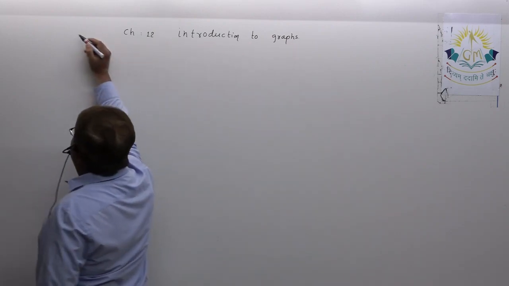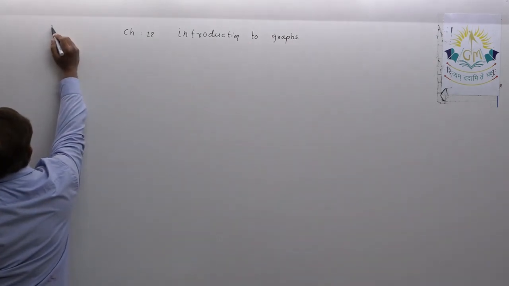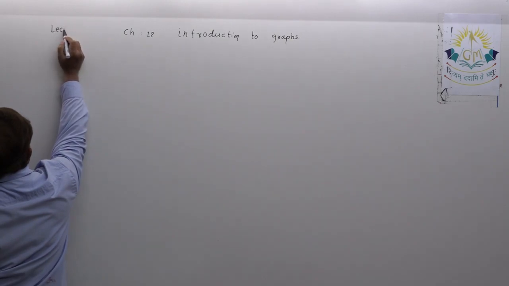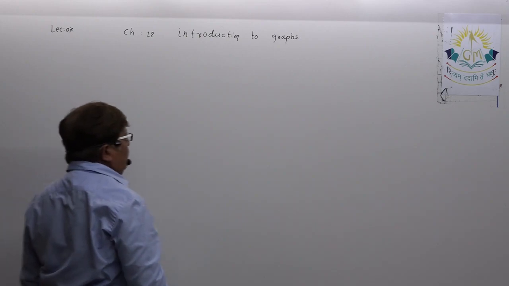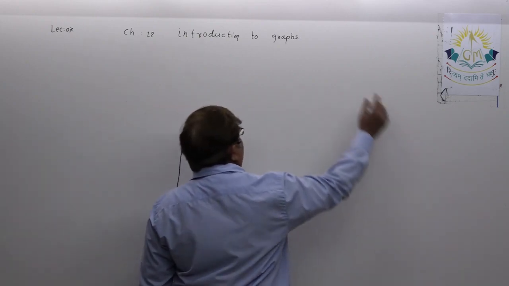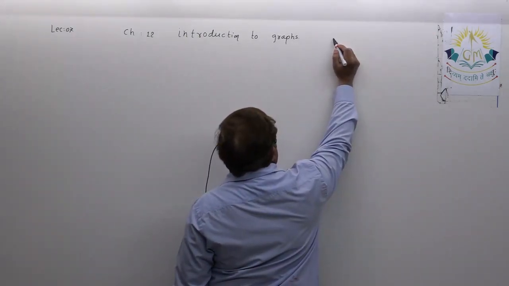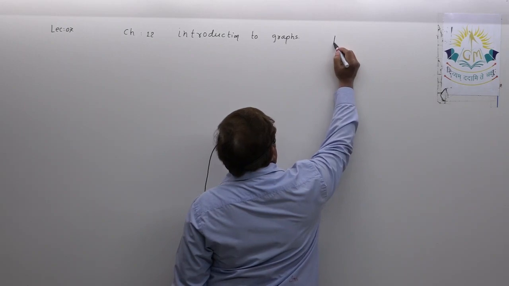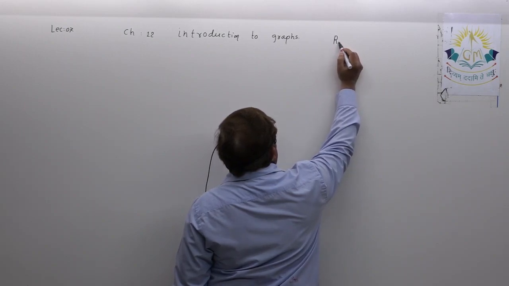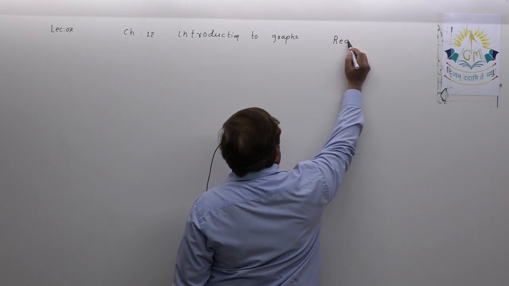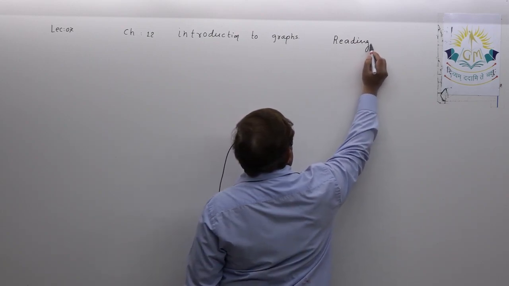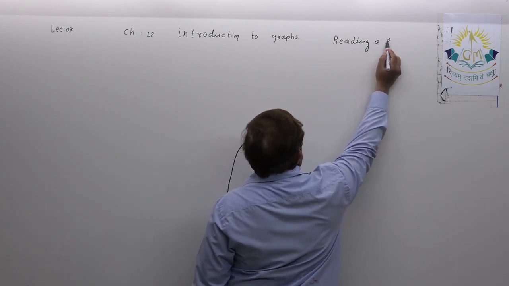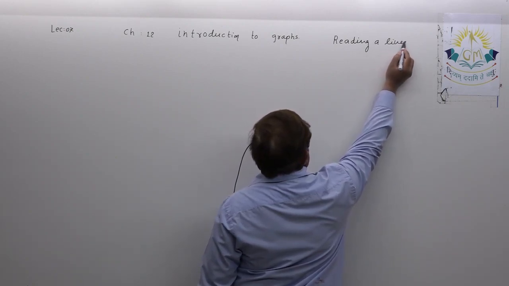And today we are in lecture number 7, and I would like to write the topic here. The topic of today, this is the title in the textbook, is reading a linear graph.